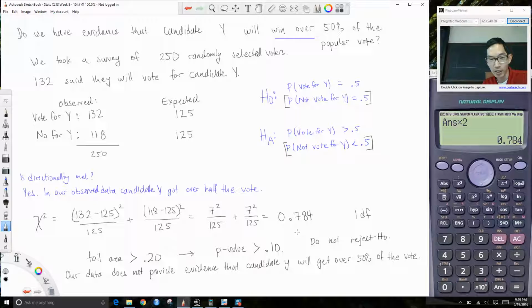So yeah, my p-value is greater than alpha, if we say alpha is 5% or even at alpha 10%, our p-value is greater than alpha. And we would say do not reject the null. So we're just looking at 1 degree of freedom there. Okay? Is this okay? All right.